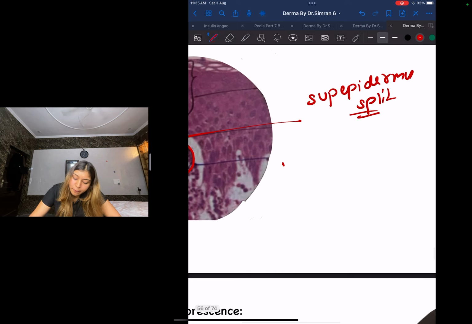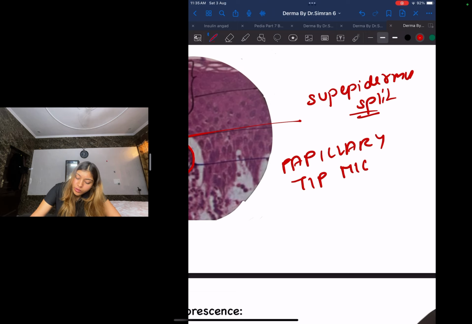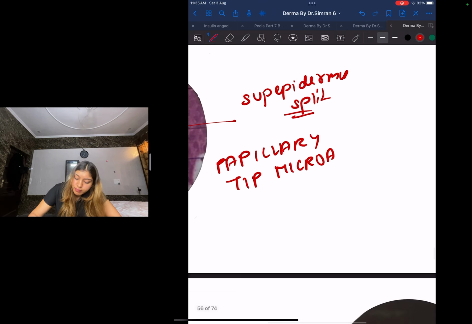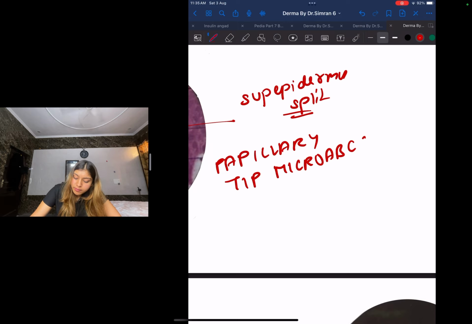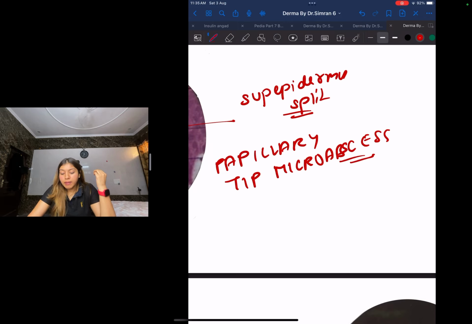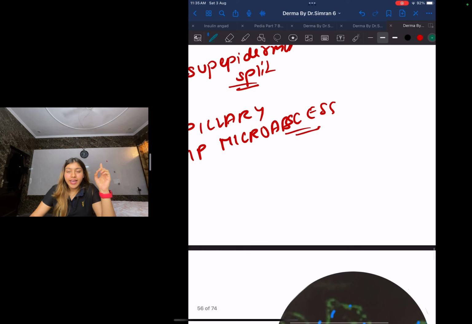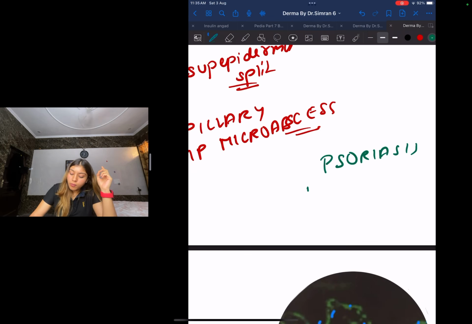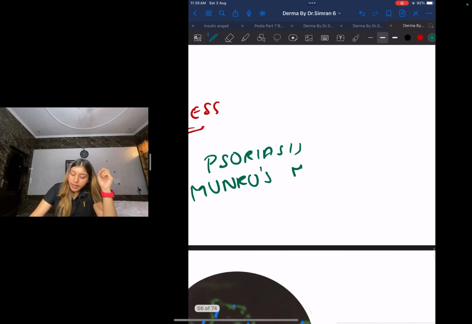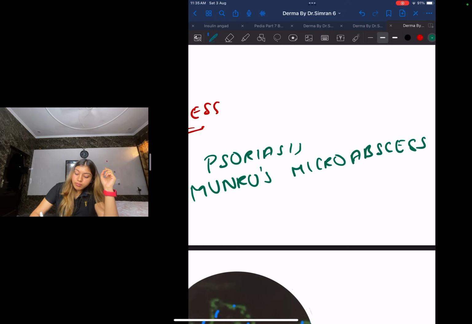This is going to be your papillary tip microabscess. Where else did I study about microabscess? Again in psoriasis, in the histopathology of psoriasis, we spoke about Munro's microabscess.